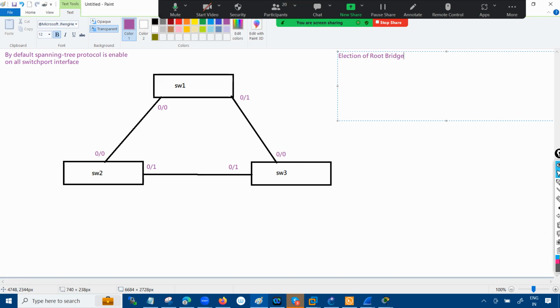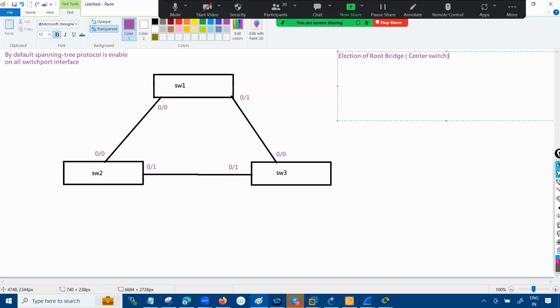Before Cisco, the spanning tree protocol was introduced, and at that time we were using bridge technology, a bridge device, not the switch. So most of the terminology you will see in the spanning tree protocol comes from the bridge. And why is it called root? Root means a center person. Root means a center switch. In simple language, you can call the root bridge a center switch.